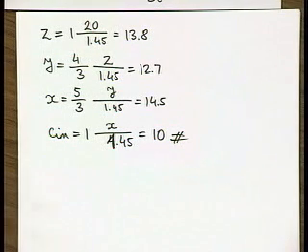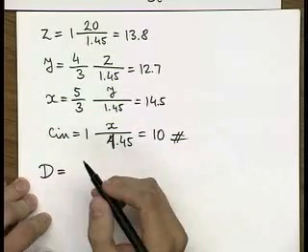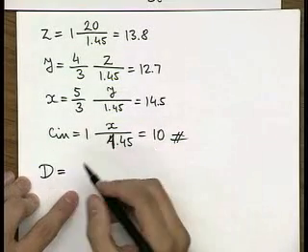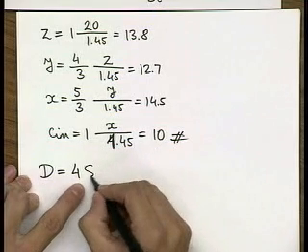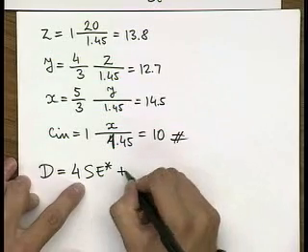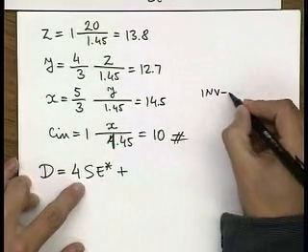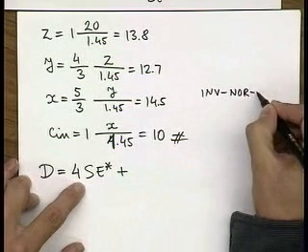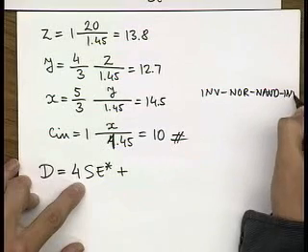And then finally what we are going to do is calculate the delay. Now that we know all the parameters, we are able to calculate the delay. So delay is simply equal to the sum of all stage delays. That is equal to 4 times the stage effort, that is the effort delay, plus the sum of all the parasitic delays. Remember we had an inverter, then a NOR, then a NAND, and again an inverter.